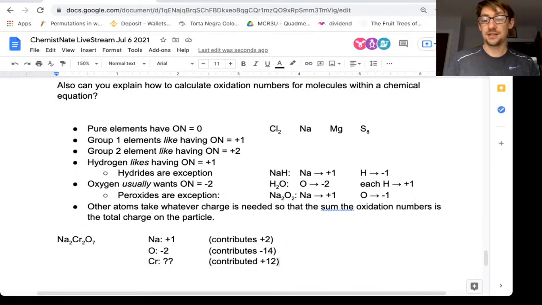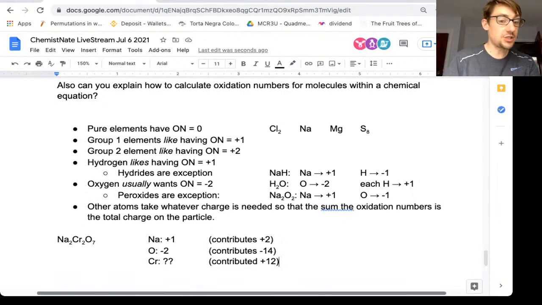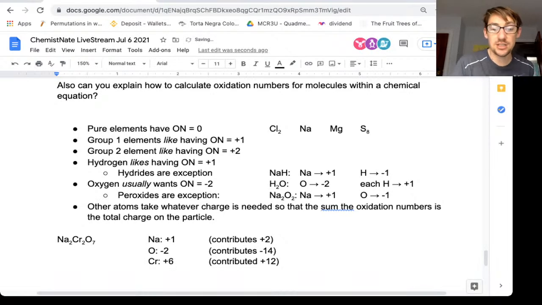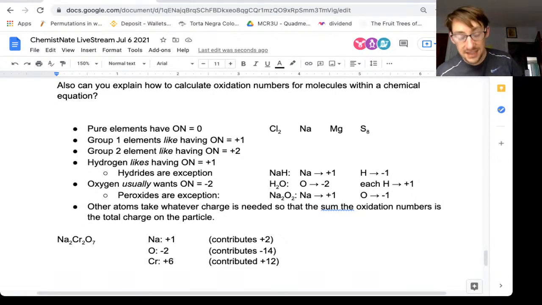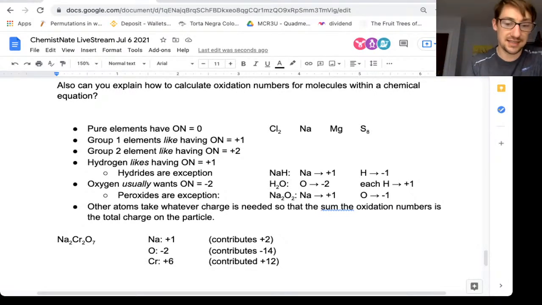You need +12 total from the chromiums so that the total charge on this particle is 0. And there are 2 chromiums across which to distribute that +12, so it becomes +6 each. You can determine here that the oxidation number of chromium in this particle is +6. Highly oxidized.